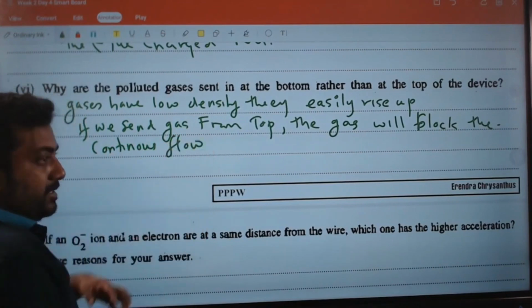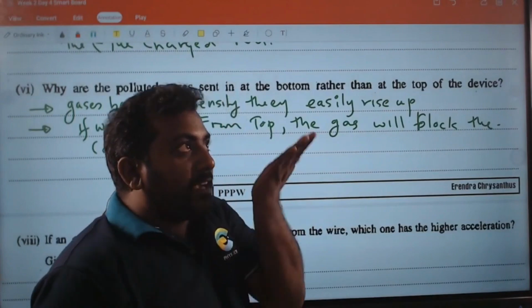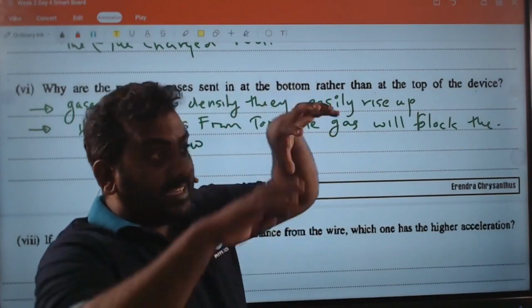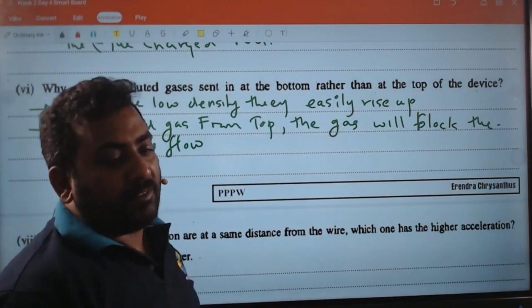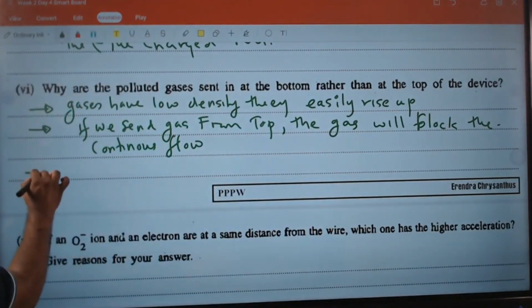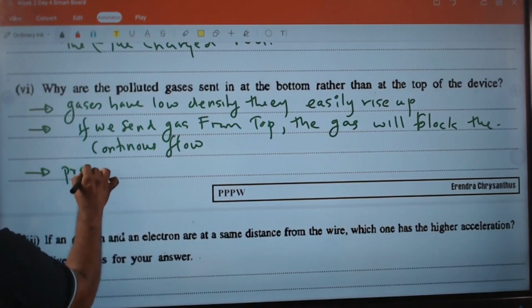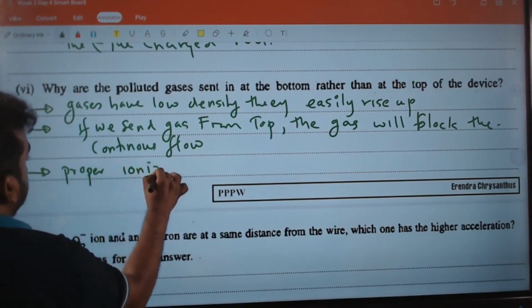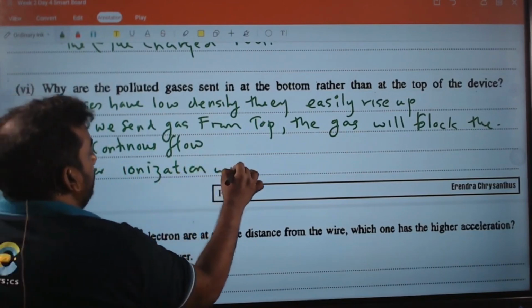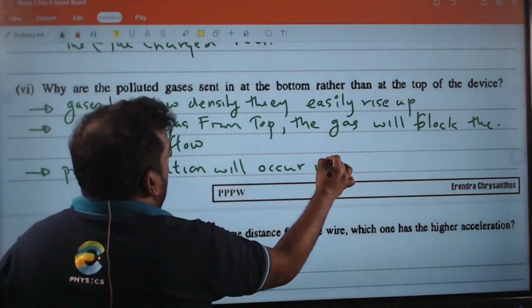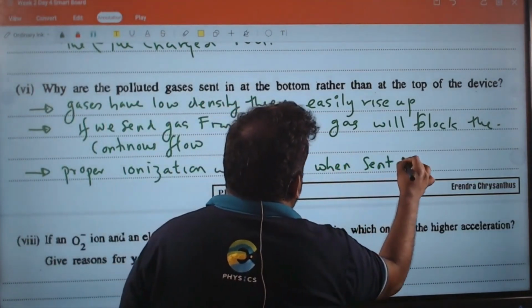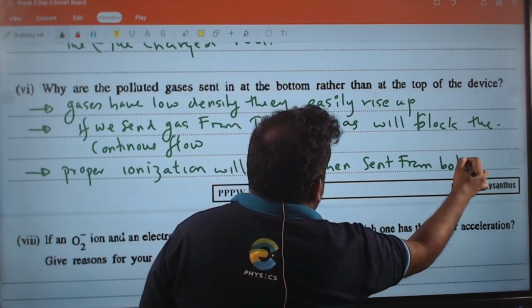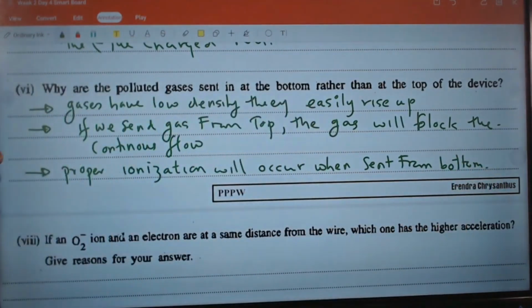It will just collect here, stopping the flow of gas. Proper ionization will occur when sent from the bottom. So our main idea is we must ionize the particles coming, dust and air particles. Right.